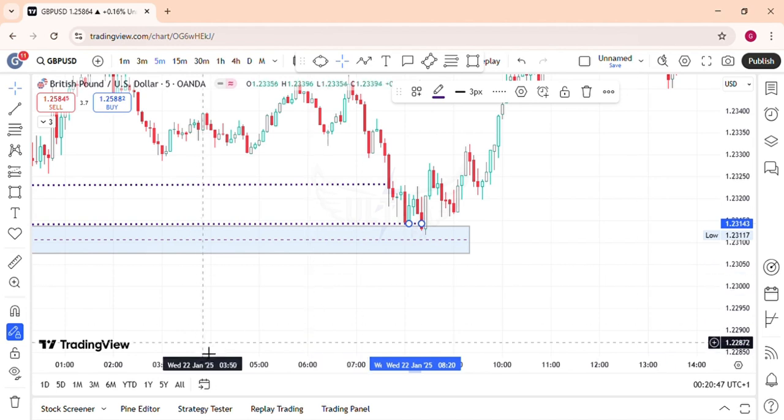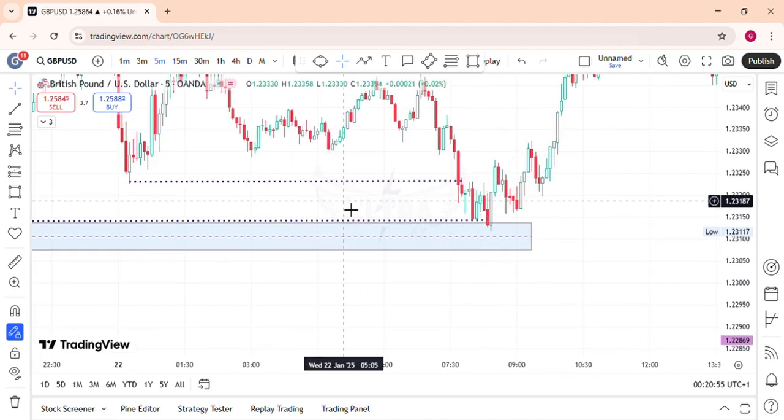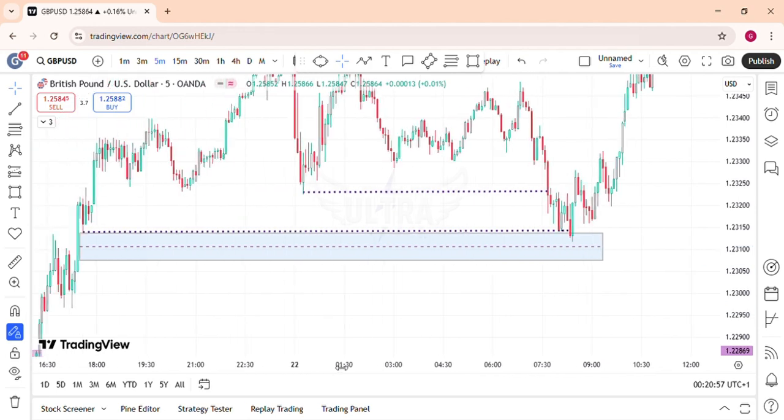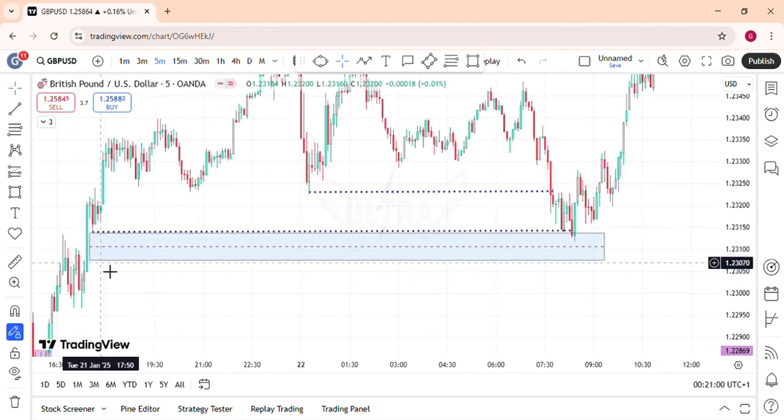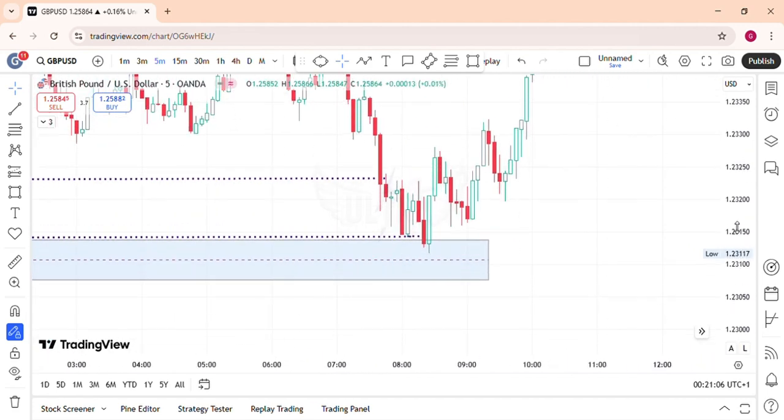So what we're looking for is basically a break of market structure and a fair value gap. So since market is coming from a high time frame fair value gap, you can also see this fair value gap on a 15 minutes, and market taps into this fair value gap.